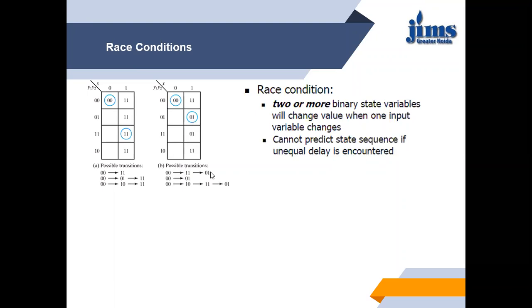That's the first possible transition. Or it may go from 0 0 to 0 1, and 0 1 is a stable state. Or it may go from 0 0 to 1 0, then to 1 1, and after 1 1, because it is an unstable state, it will go to 0 1. This is how the transition takes place, and it is due to the unequal delay in the circuit.